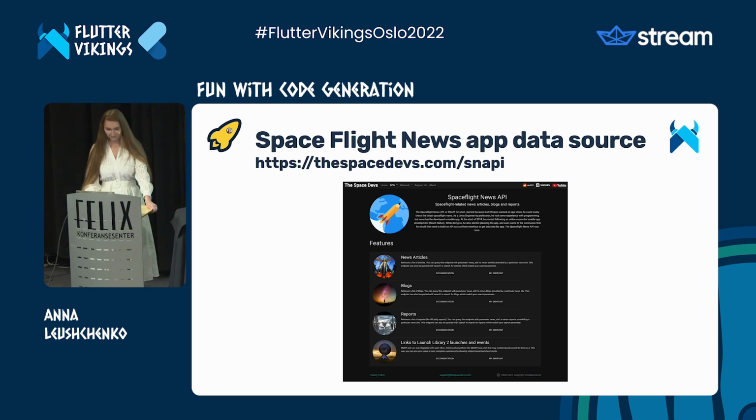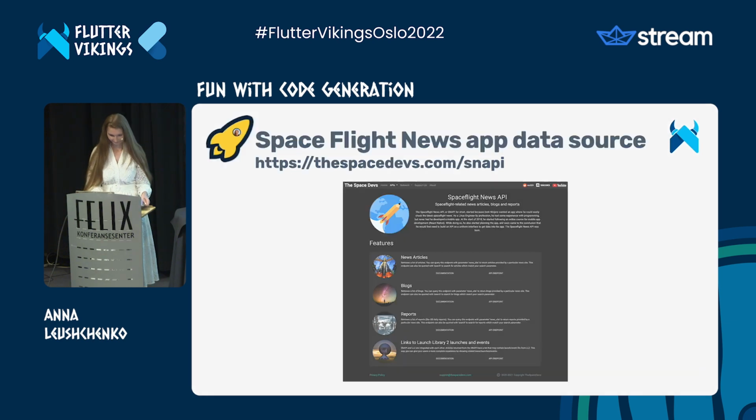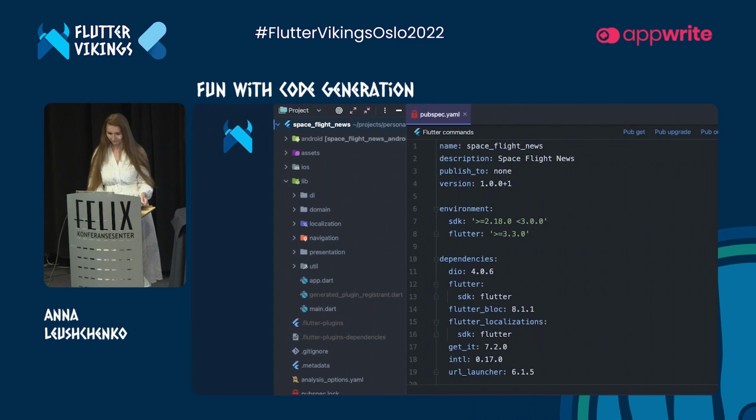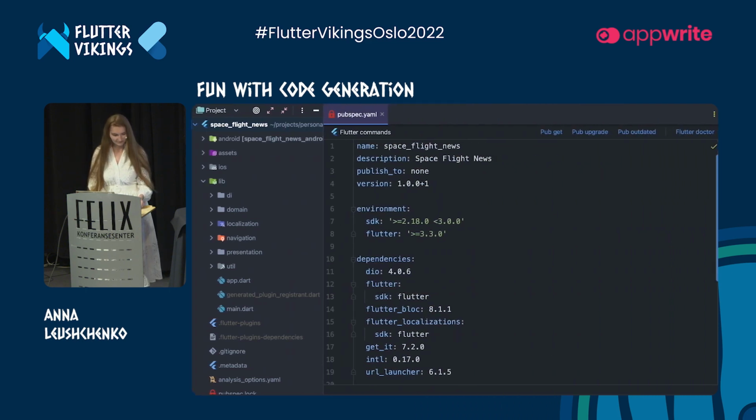Let's now check the code. Okay, this is the first version of the application that doesn't use code generation at all. We can check the pubspec YAML to see the list of current dependencies.